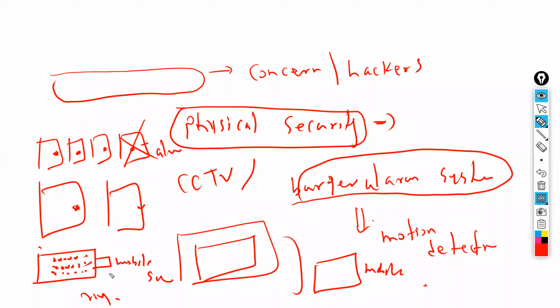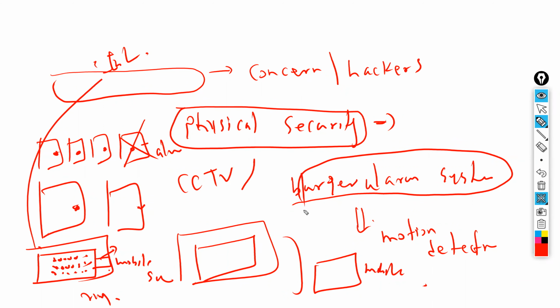Within a second, you will get a message on your phone because it has already been configured. This device is even connected to the internet. That is called a burglar alarm system.